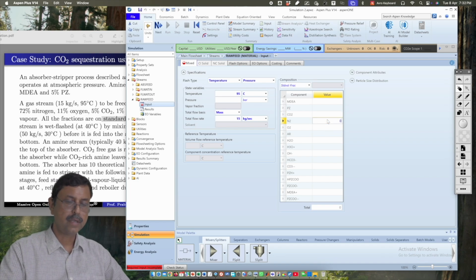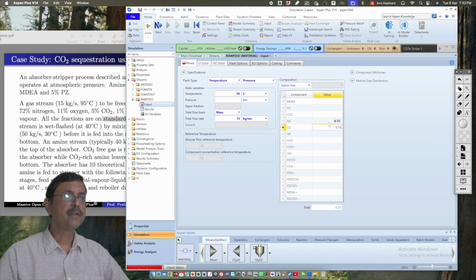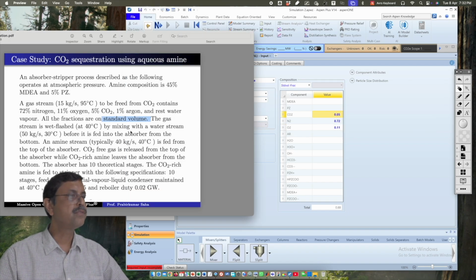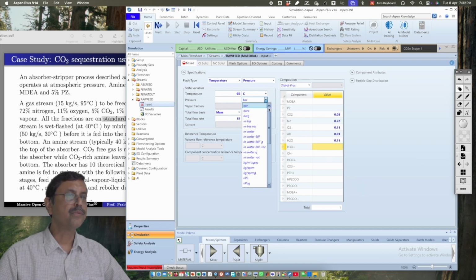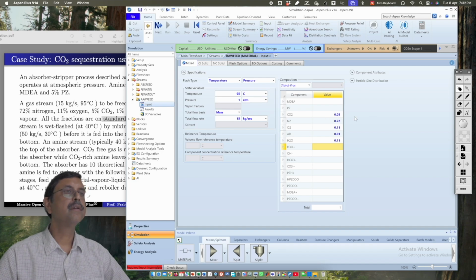So nitrogen 0.72, oxygen 0.11, 5% carbon dioxide. So this 5% we have to remove from the stream. 1% argon. So total it is 89%. So the rest of them will be water vapor. So water vapor will be 0.11. So that makes it 1. Okay. And the pressure is 1 atmosphere. Okay. So this is the raw feed that we have.